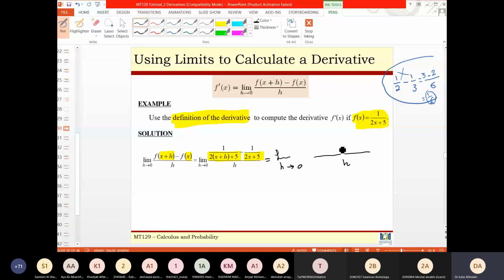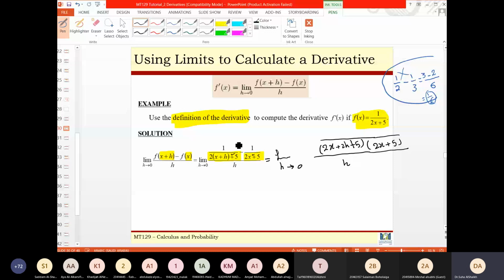The common denominator for this is 2x plus 2h plus 5, multiplied with 2x plus 5. This is the common denominator, this multiplied with this.